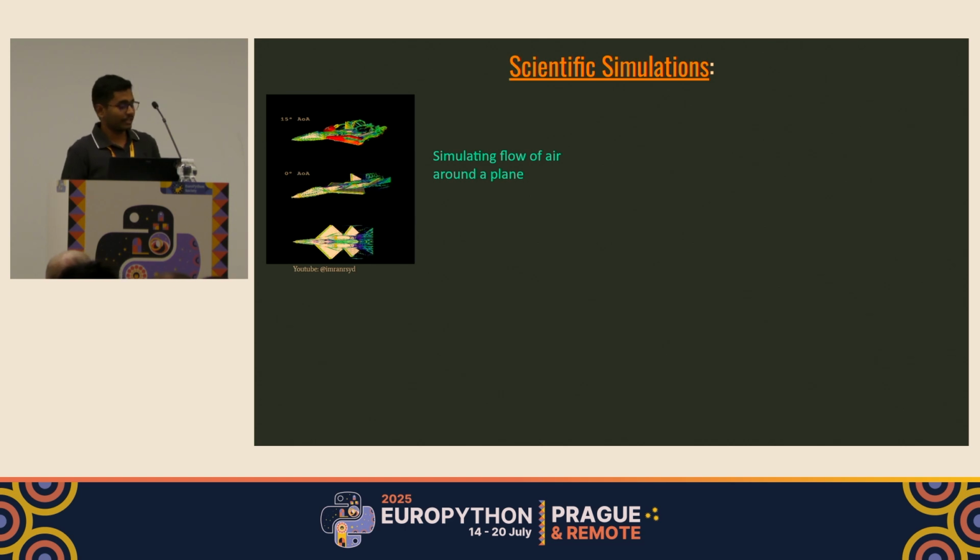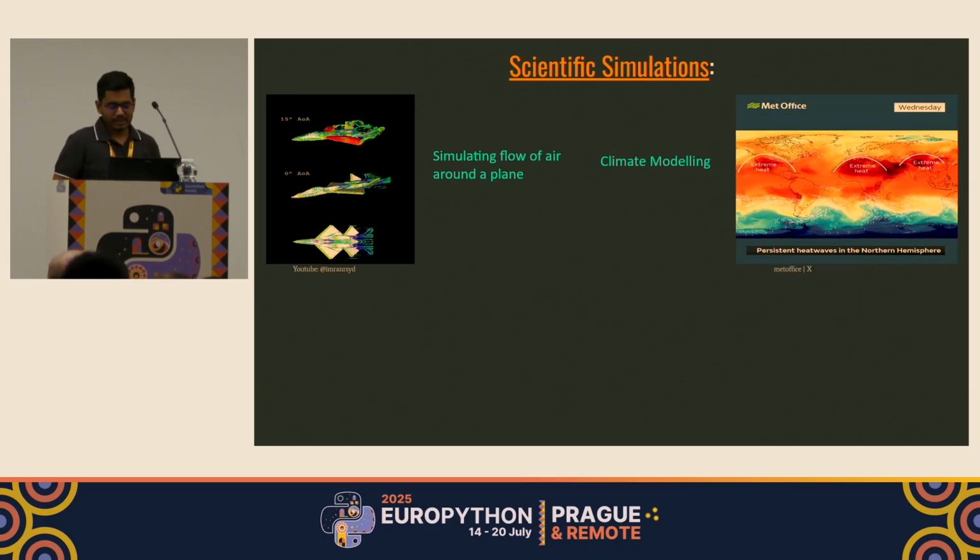So a few scientific simulations. One of the most common applications of scientific simulation is simulating the flow of air around an airplane to come up with the most aerodynamic body. Another very important application is simulating the jet flows around the globe, which helps meteorologists predict the onset of extreme weather events, which are quite common nowadays due to climate change.